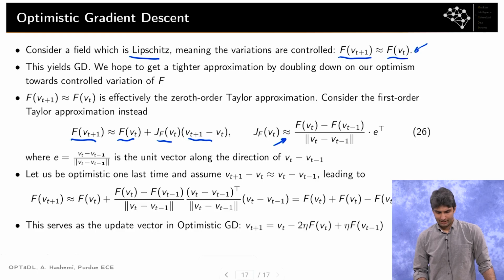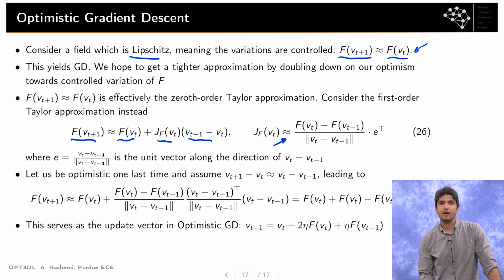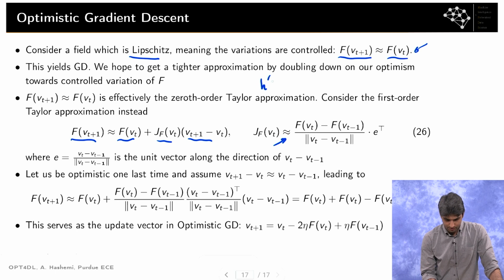Again, this is somewhat intuitive to see when you compare it with the approximation of scalar derivatives. For a scalar derivative, let's say I have a function h and I'm interested in its derivative h prime.